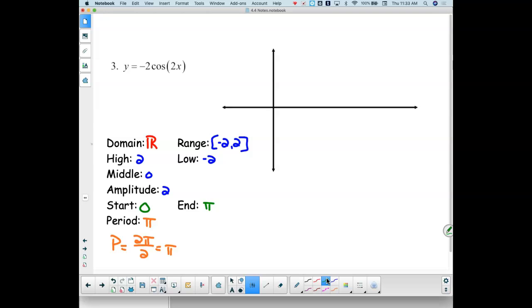A normal cosine curve would start up and end up. A negative a value tells me I'm going to start down and end down, going from 0 out to pi.